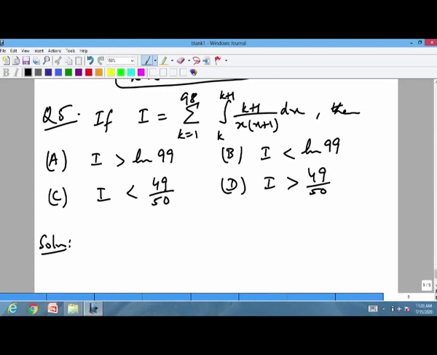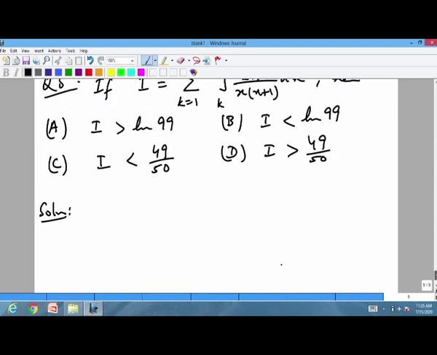So, in these kind of problems we should try to look at the options and see how to do it. If you see options A and B, then I is compared with natural log of 99. So, now note that what is log 99?